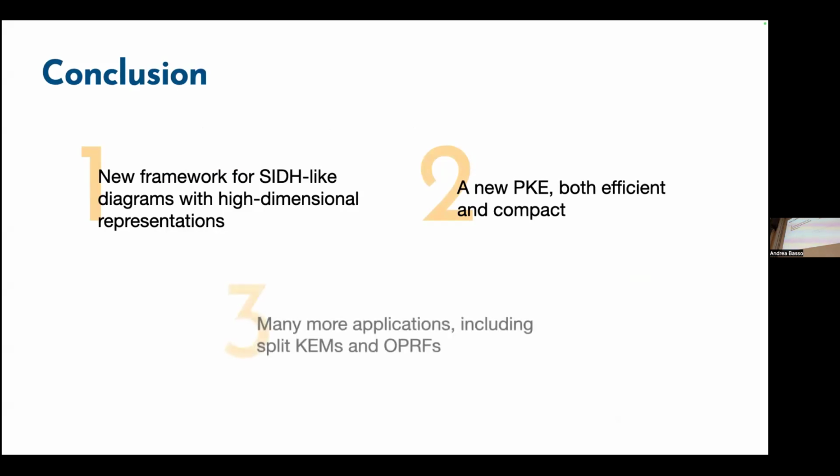Besides this, we see that this may have several applications. We can obtain a split KEM, we can obtain an OPRF that is significantly improved on what we currently have, and hopefully we can expect to obtain many more constructions.